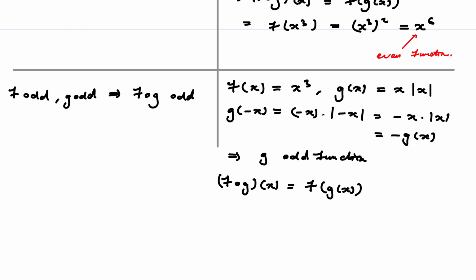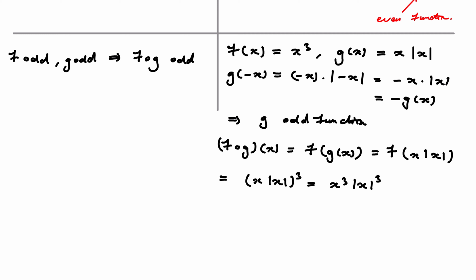So we've got to be very slow here. This is f. What's g of x equal to? It's x times the absolute value of x. So now what's this equal to? Well, f is cubing, so this is just going to be x times the absolute value of x, all cubed. So I suppose this comes out to be equal to x cubed times the absolute value of x, all cubed.